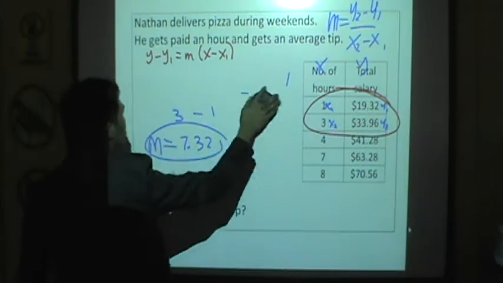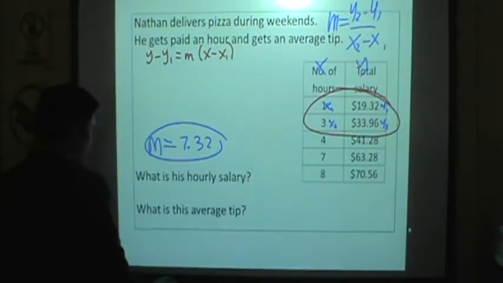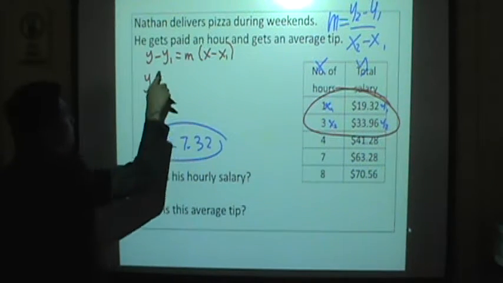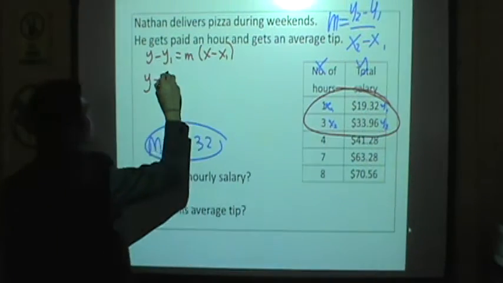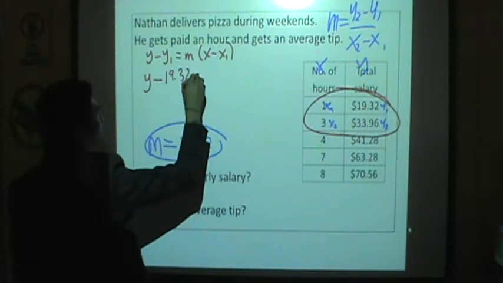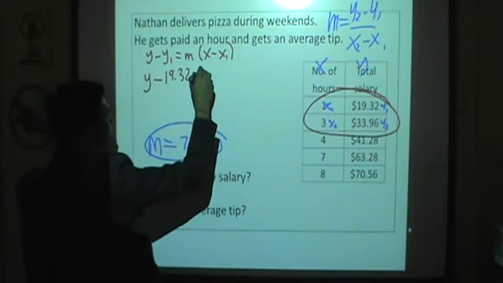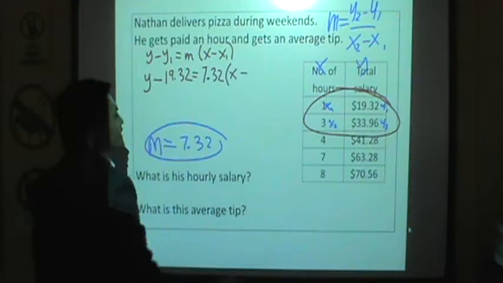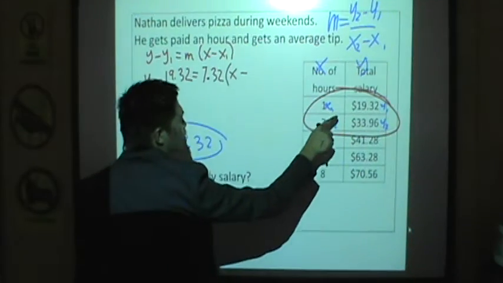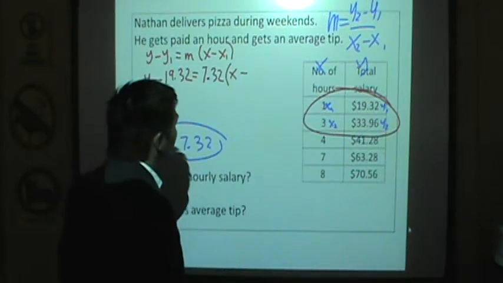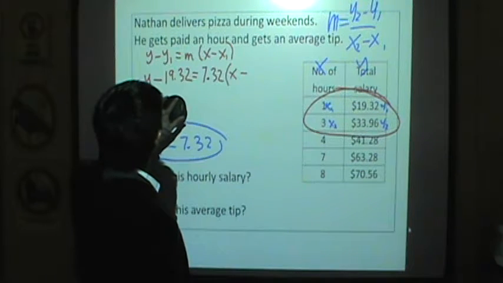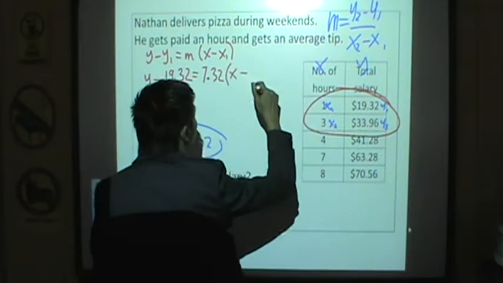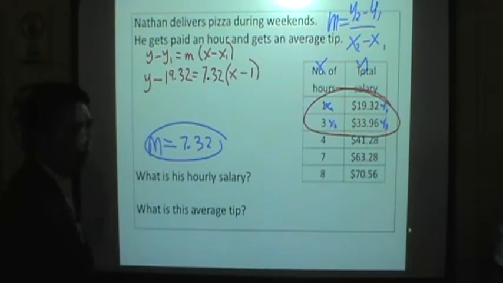Using the same formula, we have y minus y1, which is 19.32, equals the slope we just got, 7.32, times parentheses x minus x1, which is 1.